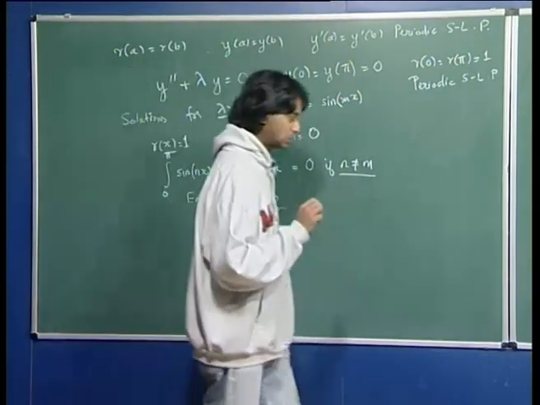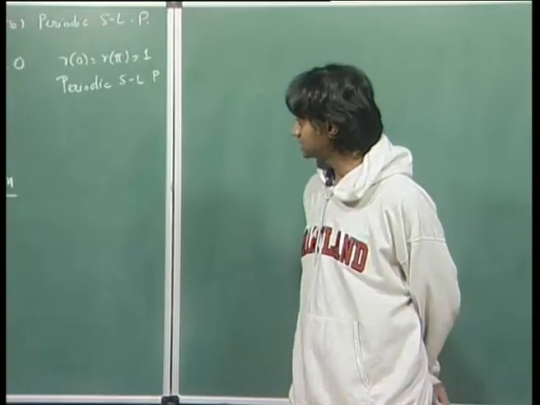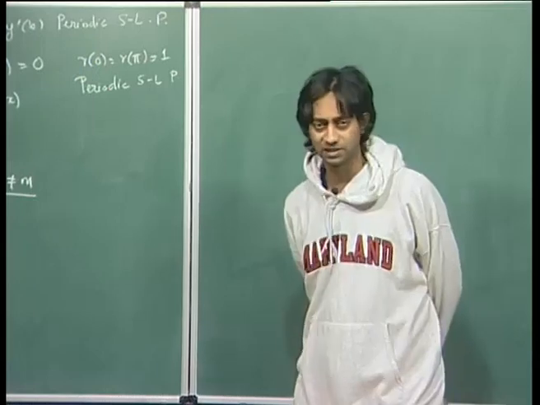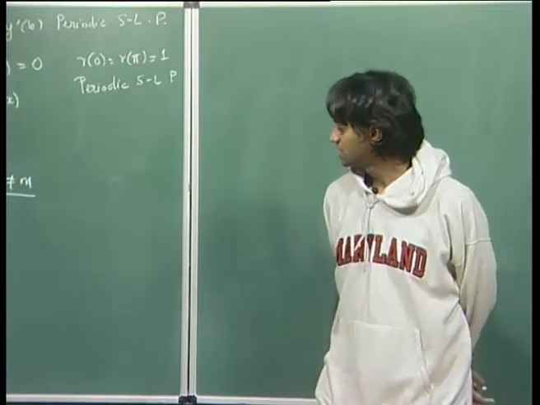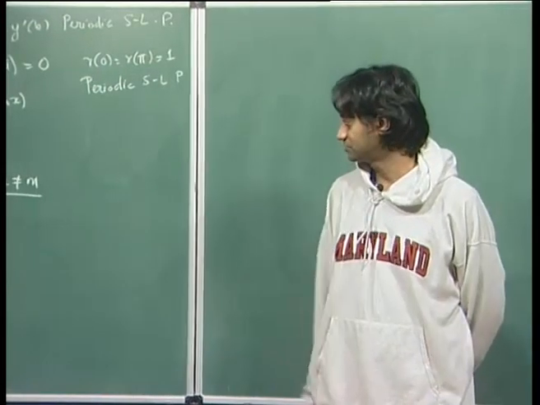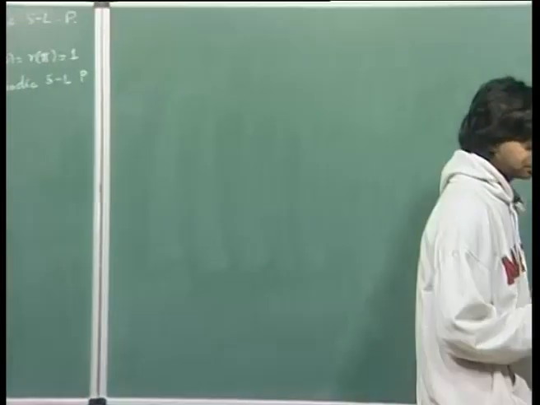What we saw is that you can think of this in terms of the Sturm-Liouville problem, and the orthogonality relation in this case is easily verified. In more complicated cases it is not that easy to verify this, so having the theorem actually helps.